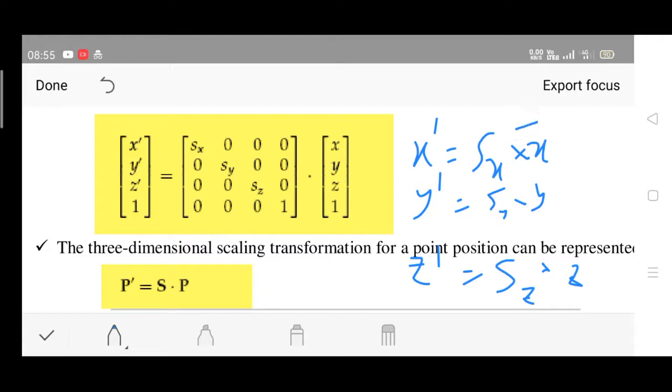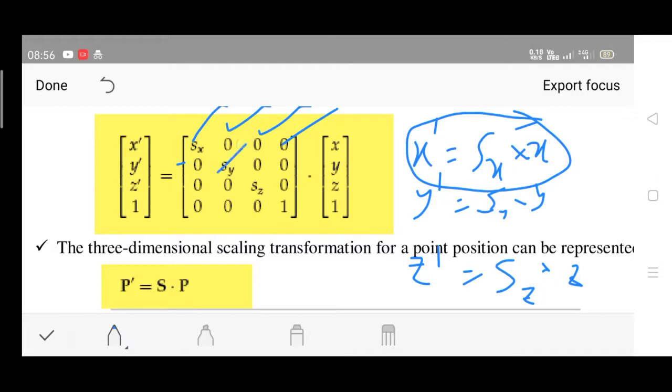In equation number 1, there is no y and z term, so make those constants 0. Sx is the coefficient of x, mark it over here. Equation number 2 is to be mentioned in row number 2. So for y dash, 0 is the coefficient of x, Sy is the coefficient of y, to be mentioned over here, then 0 as well as 0.